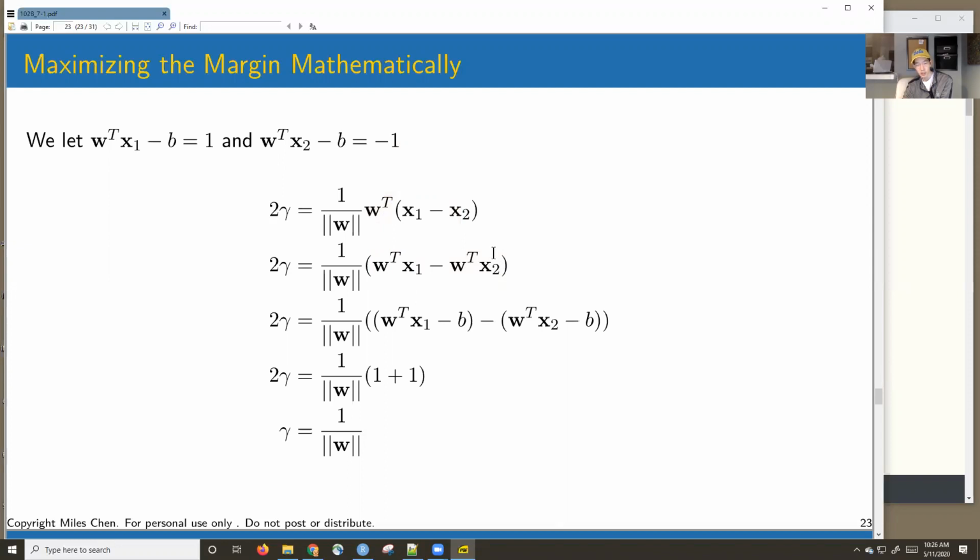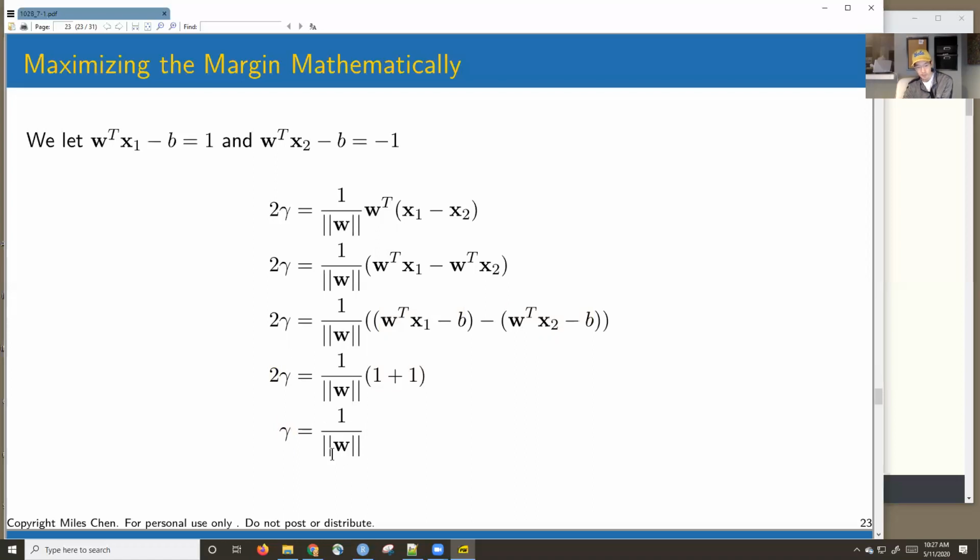Because we're taking the difference between these, I can add a constant to this value and a constant to this value, and it won't make a difference. Then we say this value is 1 and this value is -1, and when I combine these, I get 1 plus 1, which adds up to 2. That will cancel with the 2 on this side, and we basically get the width of the margin, which we're going to say is the norm of vector w.